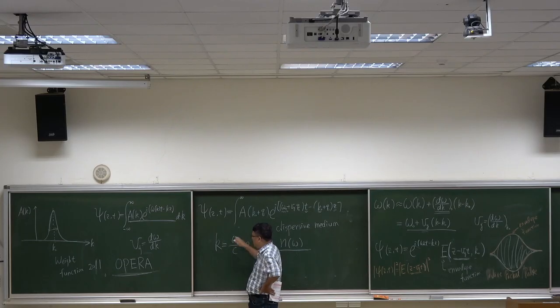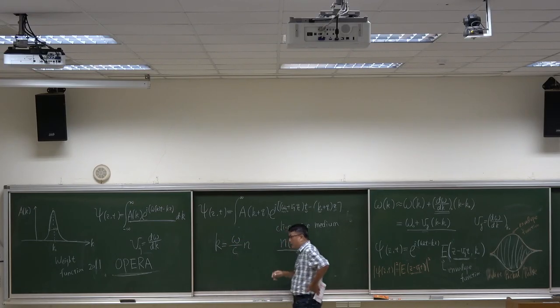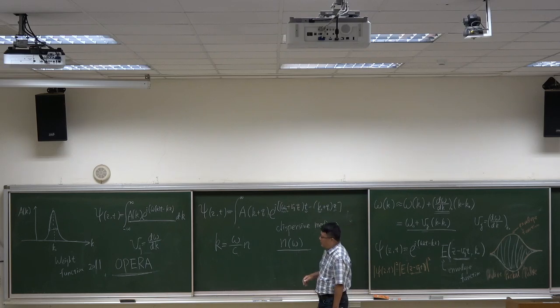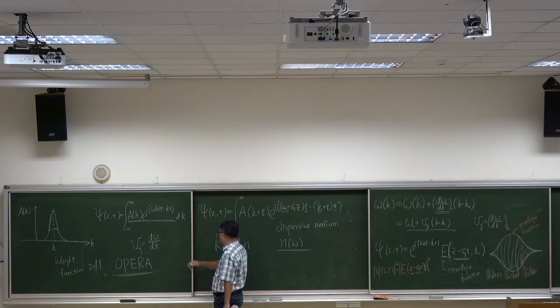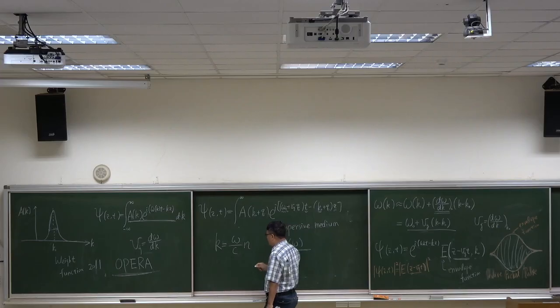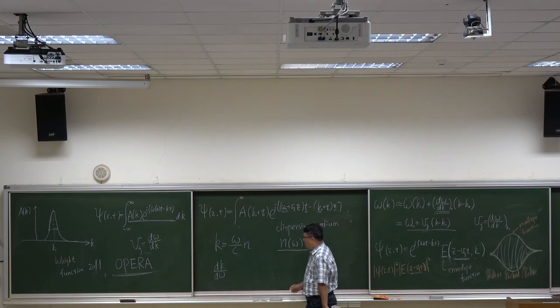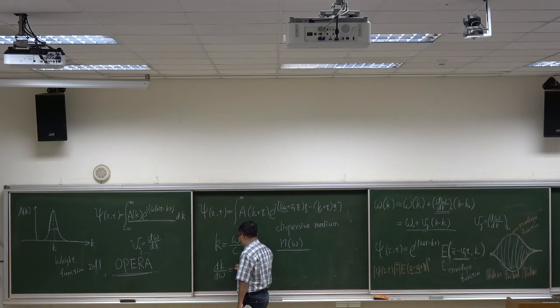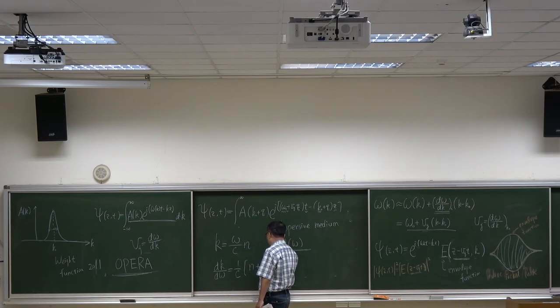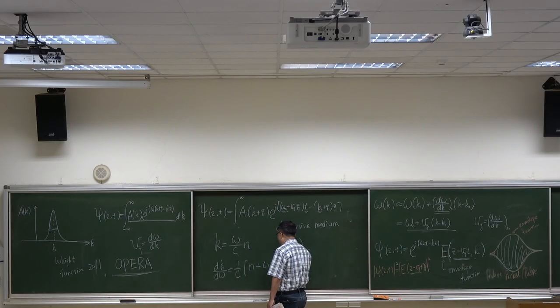So we have this relation, k equal to omega over c times n. So how to calculate the vg? We can do it like this. I differentiate k with respect to omega. Then this is equal to 1 over c times n plus omega times dn over d omega.